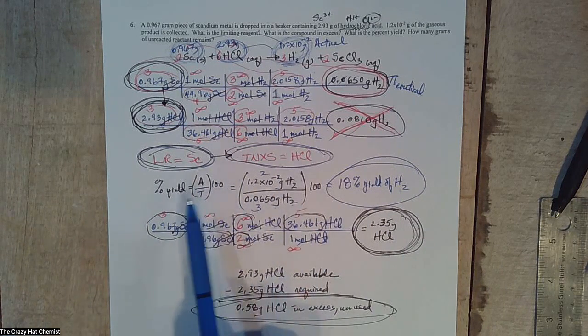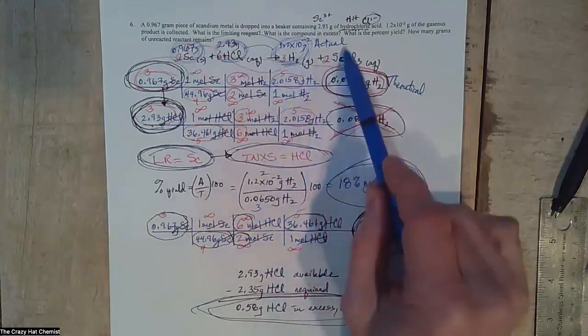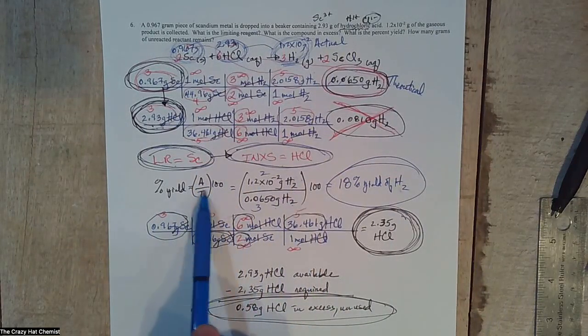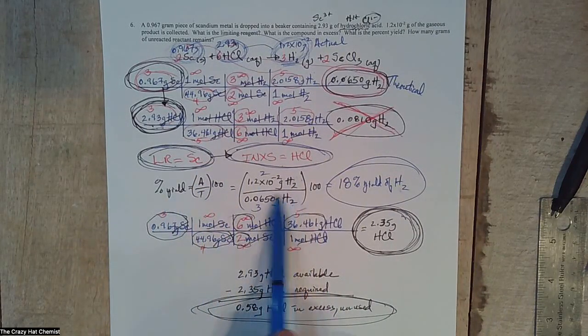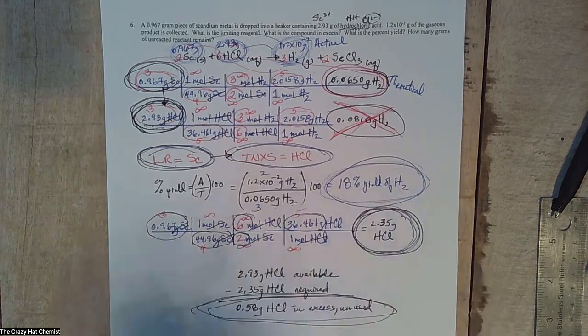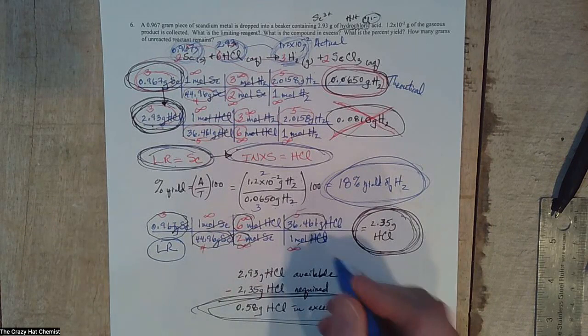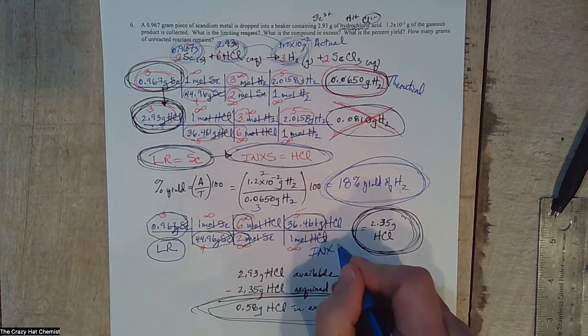To obtain my percent yield, I take the actual value, which was given, in my numerator, divided by my theoretical value, which is always calculated. I divide them and multiply by 100, and I get my percent yield, another answer. To get the amount that's unreacted in excess, I take my limiting reagent and convert it to the one in excess.